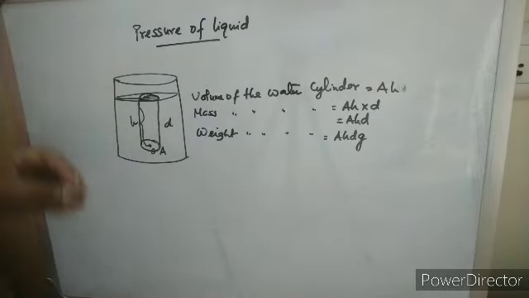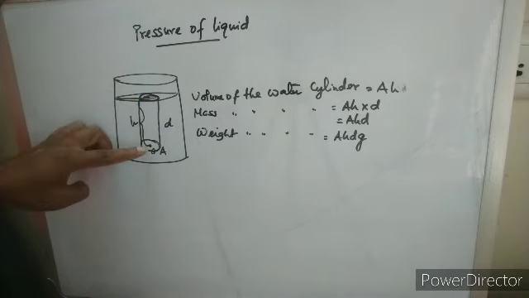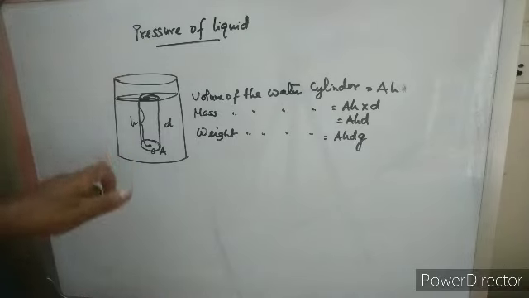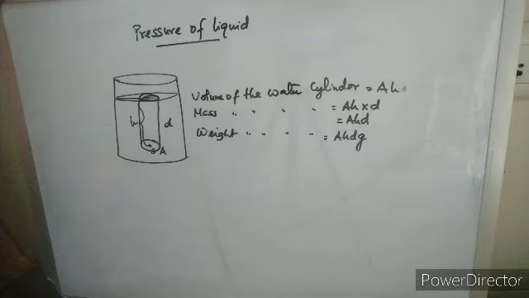From the open surface to the point at which the imaginary water cylinder is giving pressure or giving weight is h. So it can be set as the depth of that point from the open surface of the water.